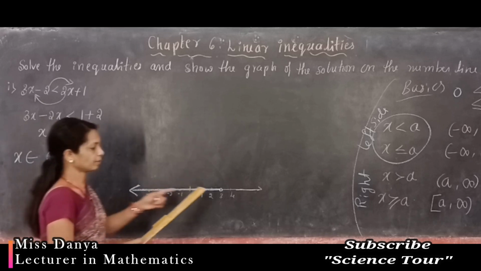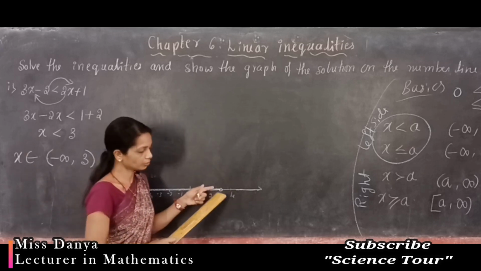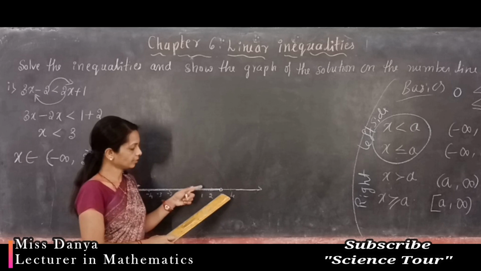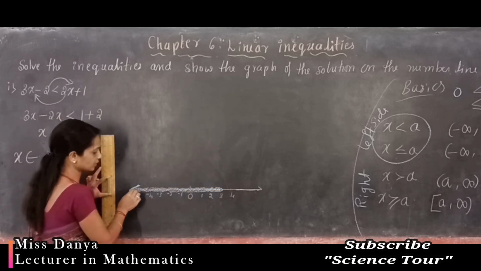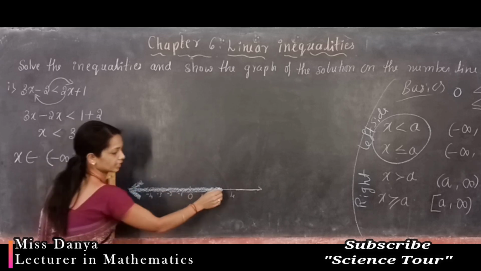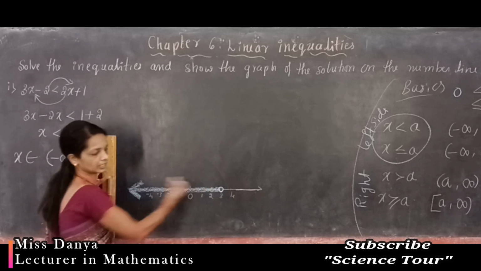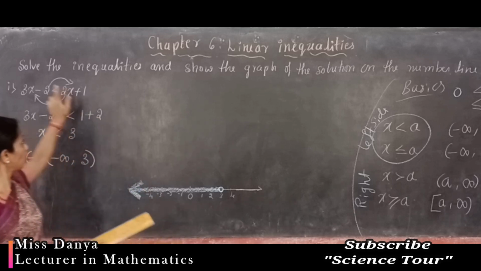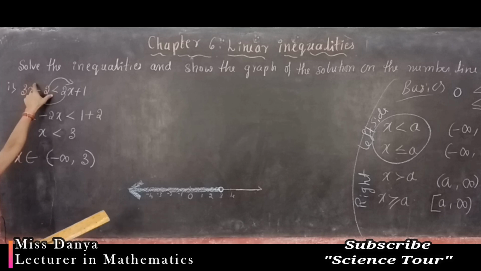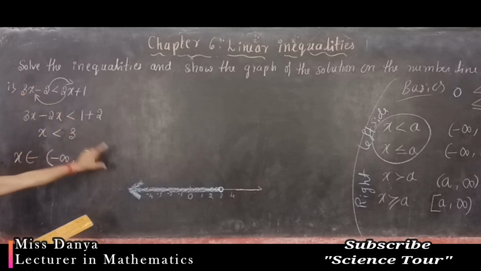So to represent that, you draw a small open circle at 3, and you shade the left side of the number 3. Okay, so this is the graph of the solution of this inequality on the number line.